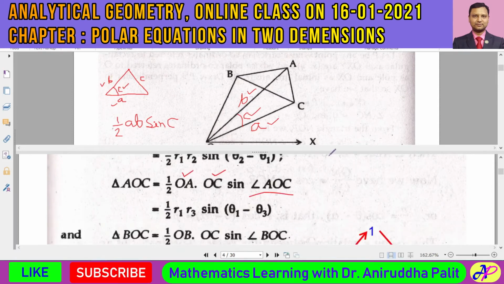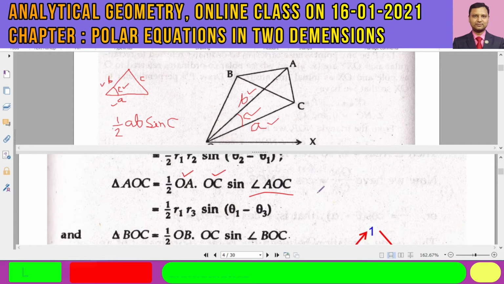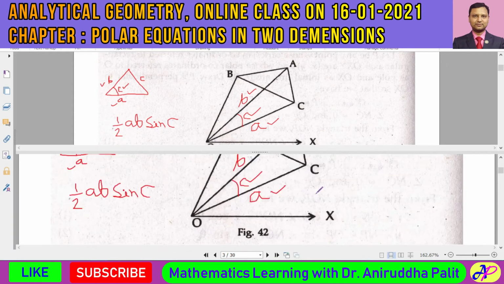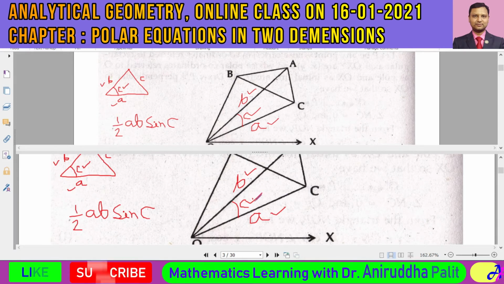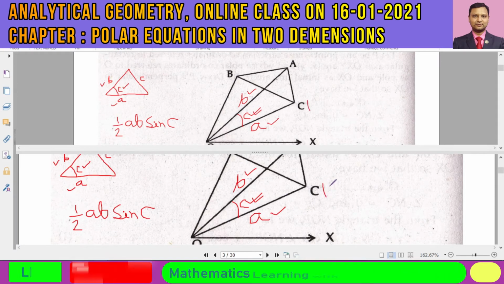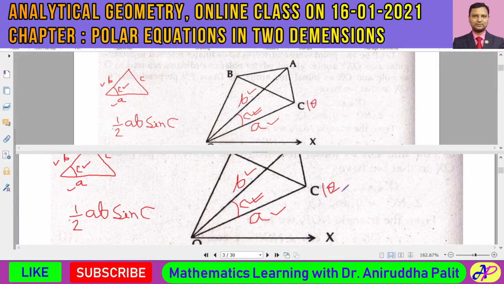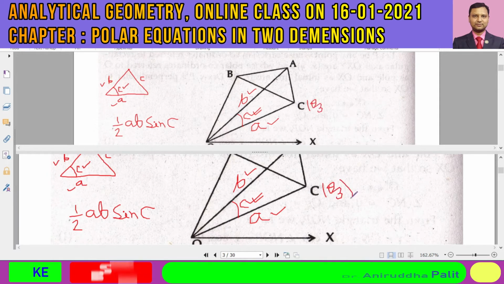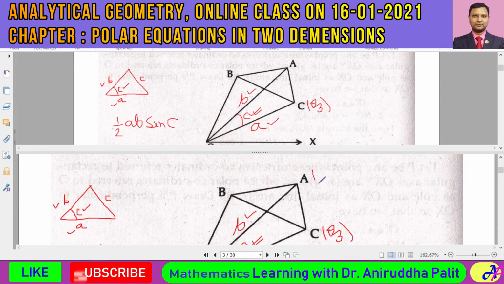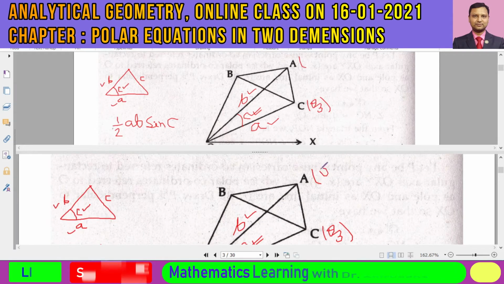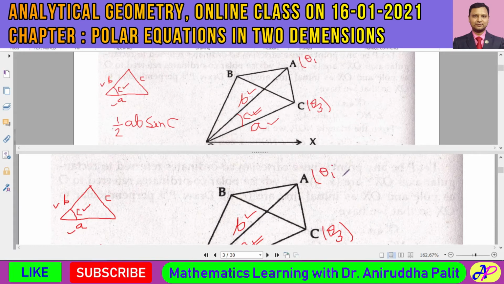If you look at this picture carefully, let me show from this figure. C has the vectorial angle theta 3 and capital A has the vectorial angle theta 1.